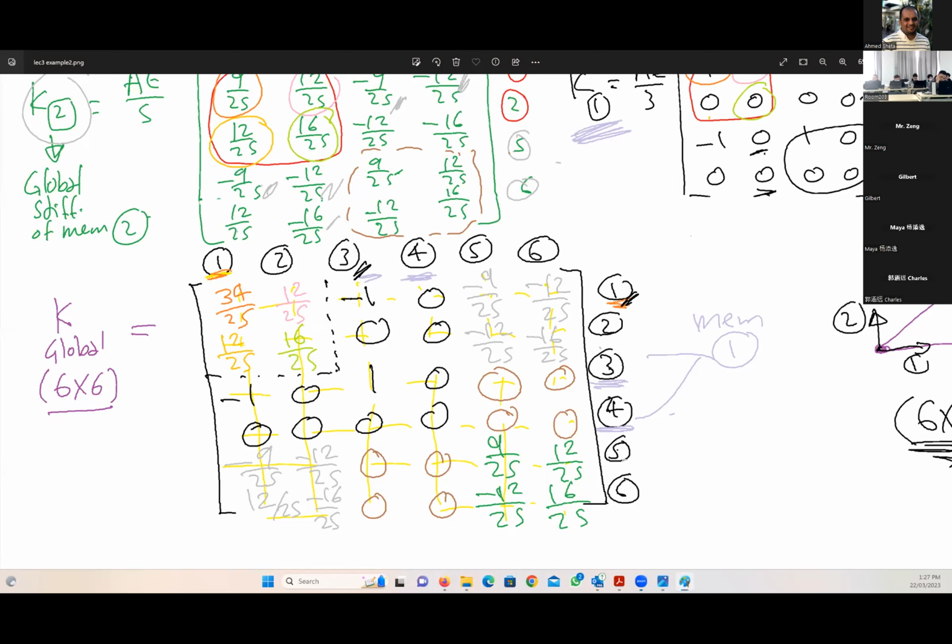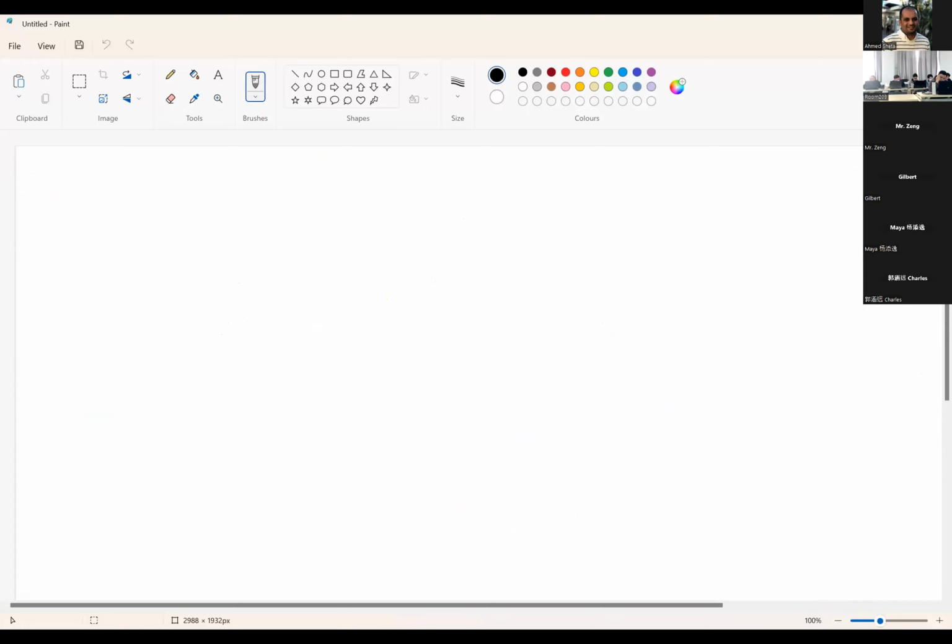Okay. So now, for this truss, this K was 6 by 6. If you remember the truss, this was the truss member. This was node 1, node 2, node 3.